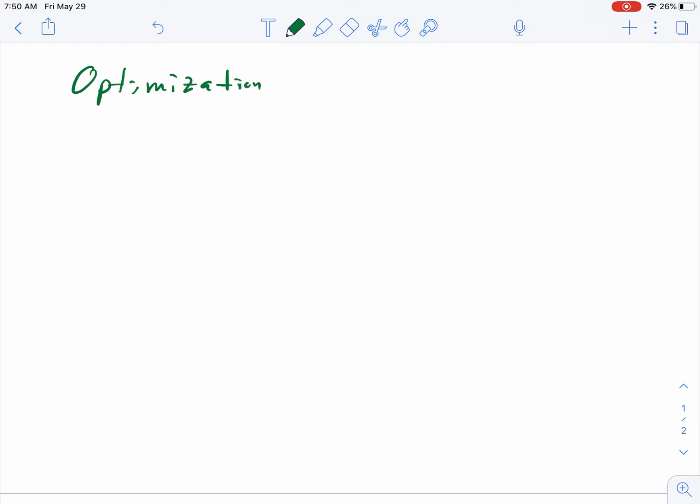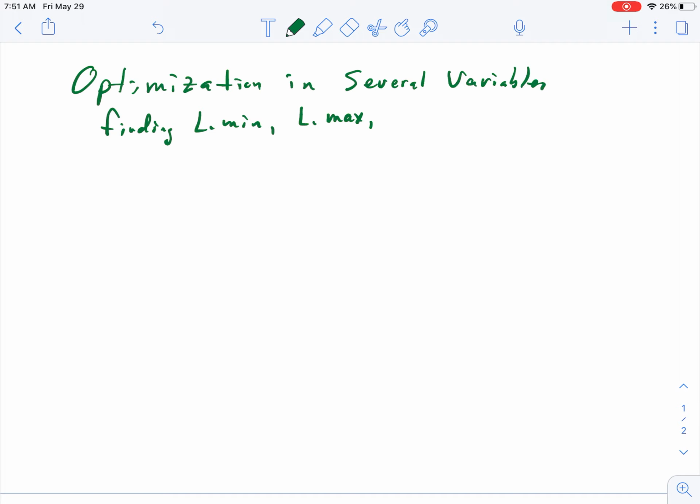Now, what we're going to be doing is optimization in several variables. So what we're going to be finding is local mins, local max, but the other one is actually saddle points.